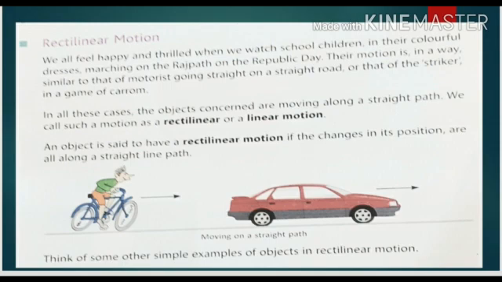So, if you are going on your cycle on a straight road or in your car, which type of motion are you in? You are in rectilinear motion. This is all about the first type of motion. Now we are going through the definition of it.